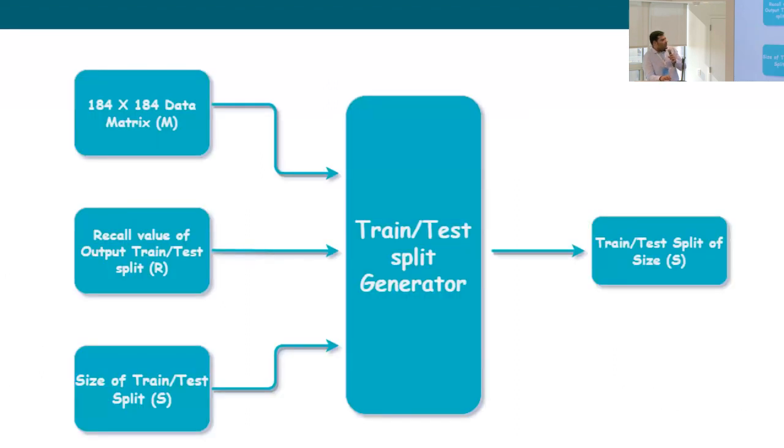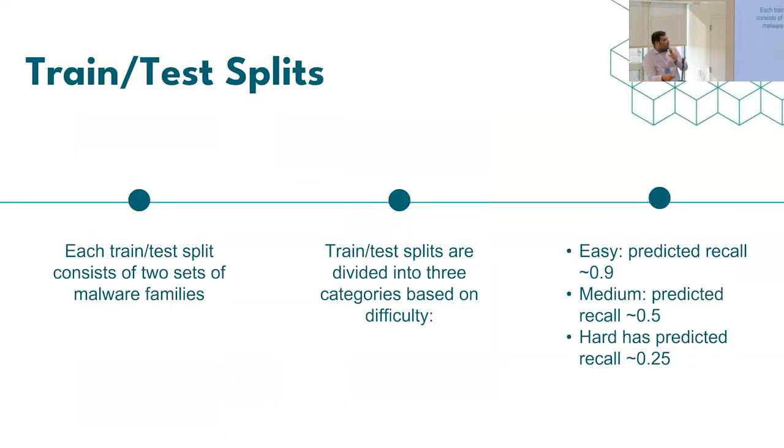So this is the overall view of how we are generating the train test split. And we have 3 categories. As you can see over here, we are using 3 different recall values, which are 0.25, 0.5, and 0.9. So the higher means it's an easy split.